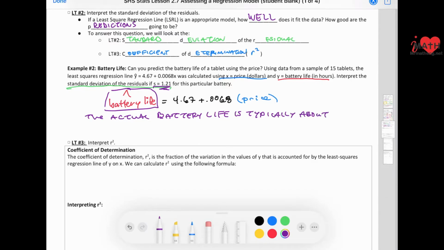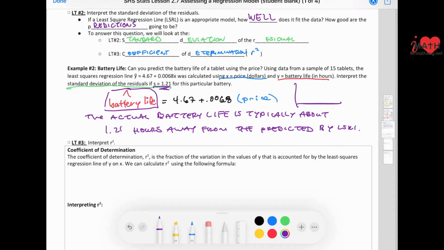About 1.21 hours away from the predicted. And how do we get the predicted? By the least squares regression line.